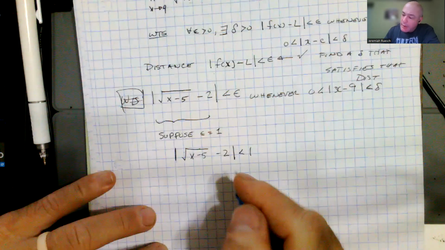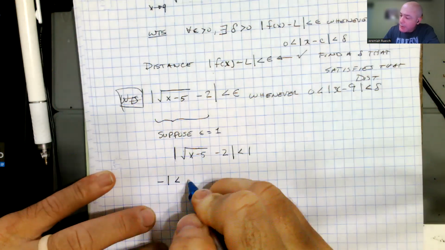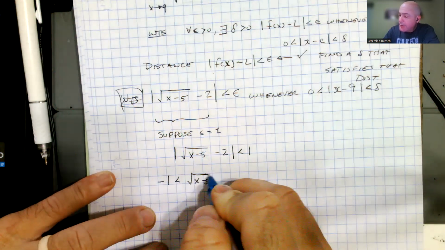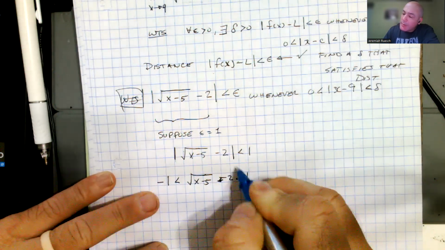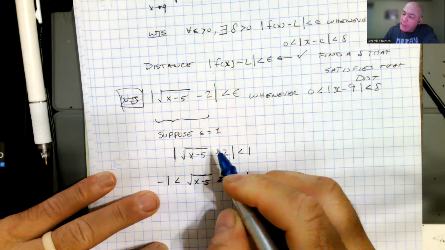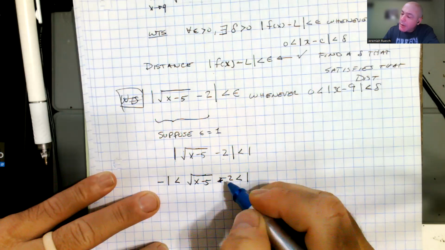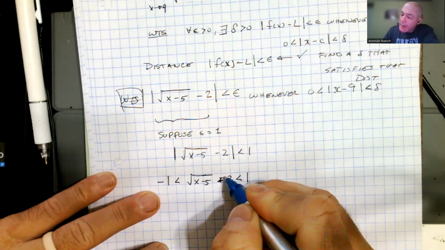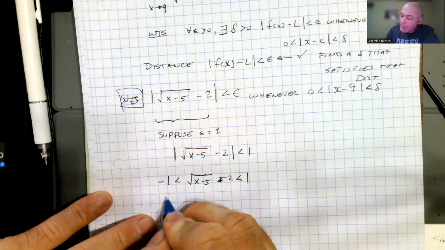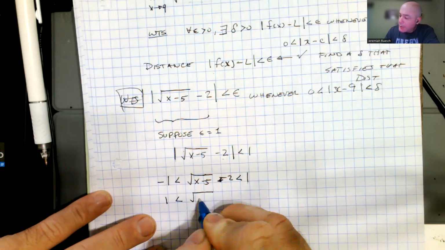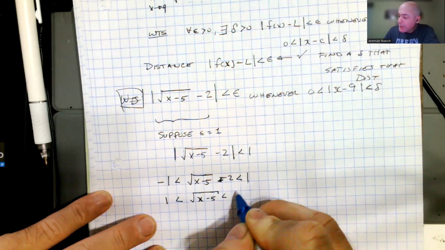Okay, well, I can do a little side work here, and I know that this is going to be between -1 and 1. So the square root of x minus 5 minus, oh, it's a minus 2, sorry, is less than 1. So dropping the absolute value, we have a bounded interval here. And then I can move this -2 out by adding 2 to all of the sides. And so this becomes 1 is less than the square root of x minus 5 is less than 3.